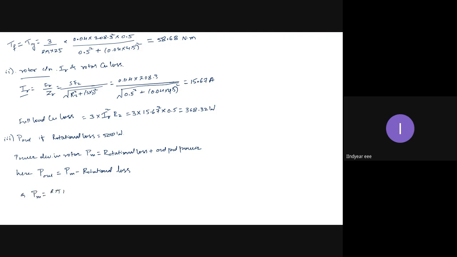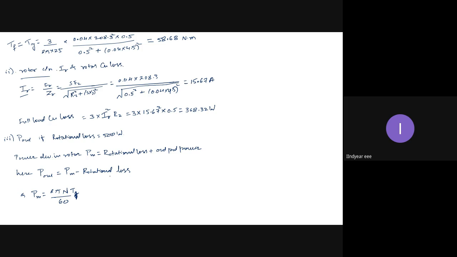PM is equal to what can I write? 2 pi N TG by 60, or 2 pi N TF by 60. Both are the same, TG or TF.